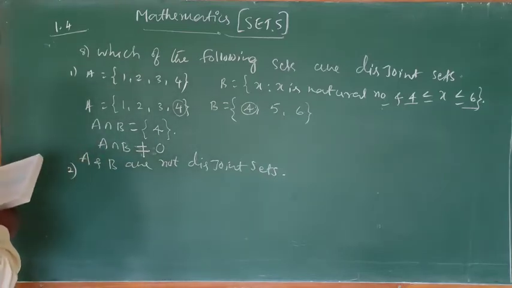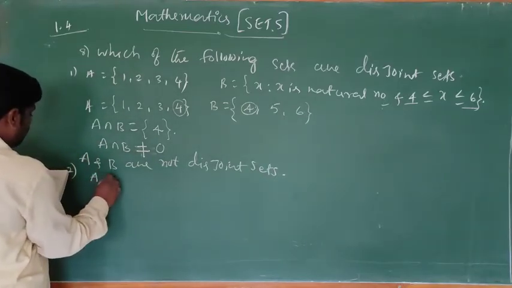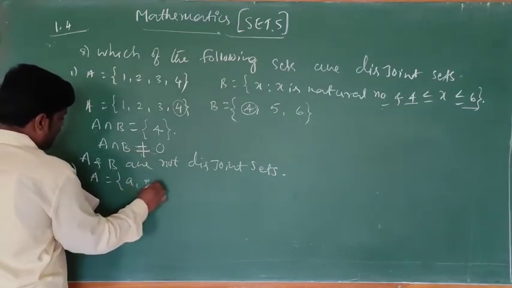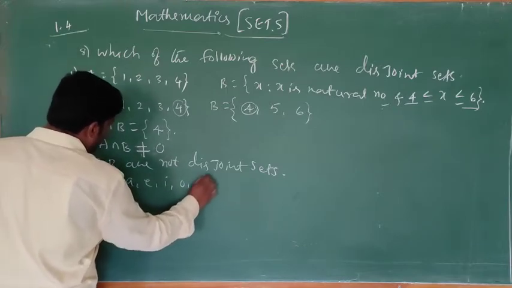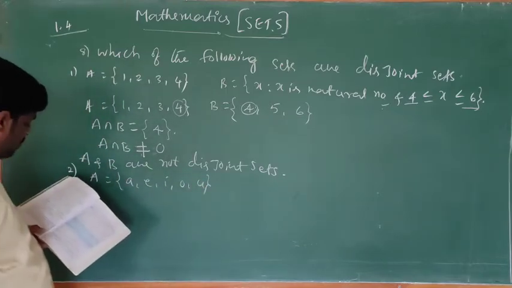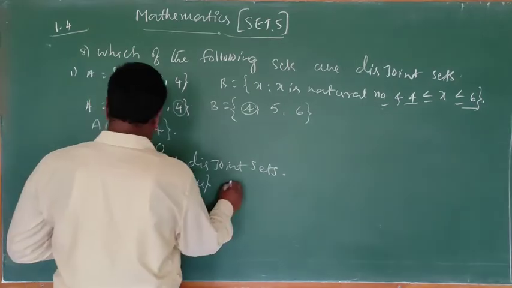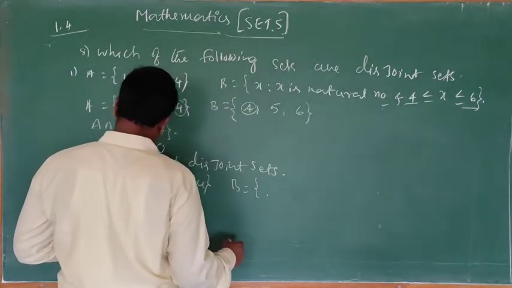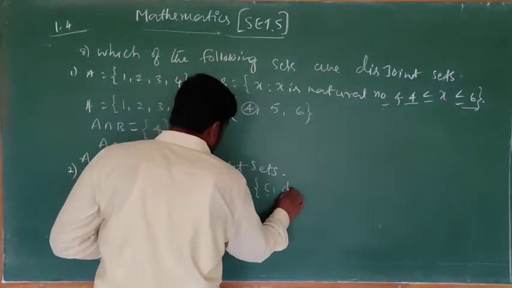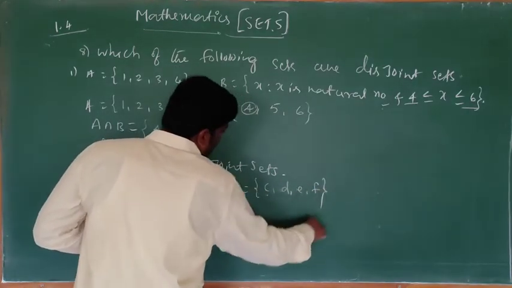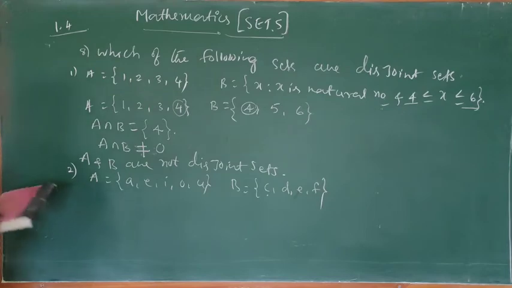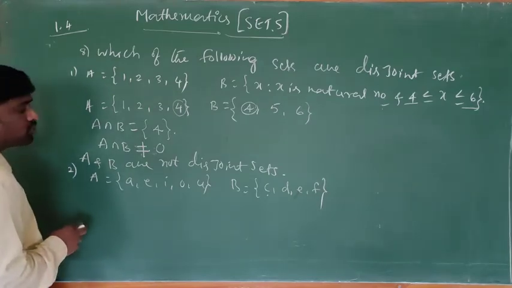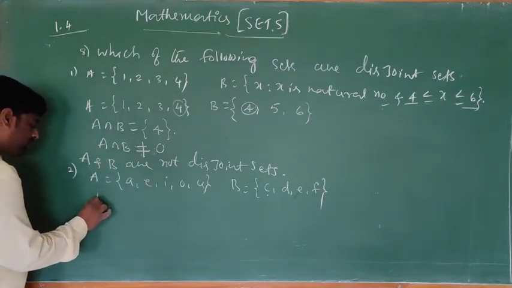The second question is A is equal to {a, e, i, o, u}, B is equal to {c, d, e, f}. We should check the intersection of these two sets.